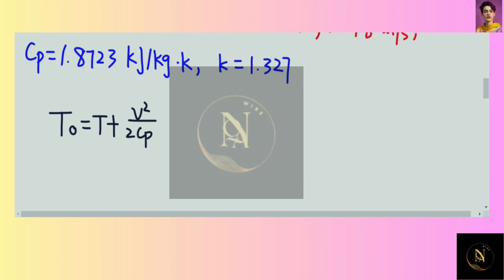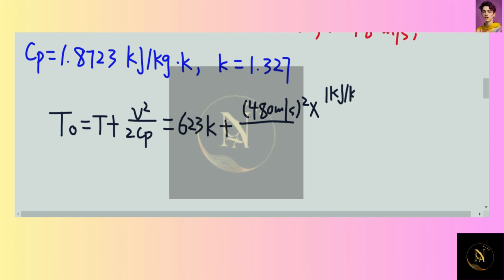So now let's plug back into the equation to determine the stagnation temperature first, which is equal to 623 Kelvin plus 480 meters per second squared, times 1 kilojoule per kilogram over 1,000 meters squared per second squared, and then divided by 2Cp, which is 2 times 1.8723 kilojoule per kilogram times Kelvin.